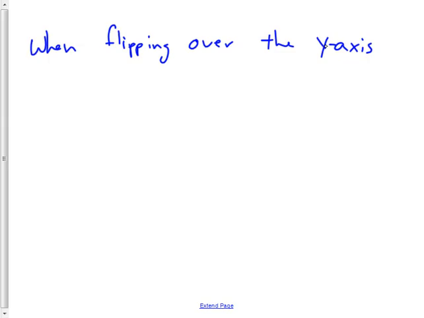When flipping over the y-axis, Y stays the same, and X is opposite.